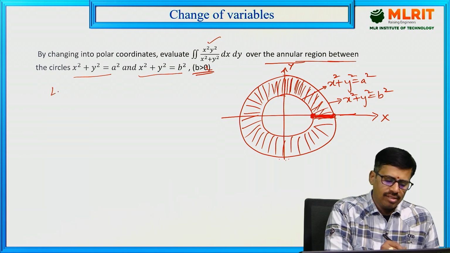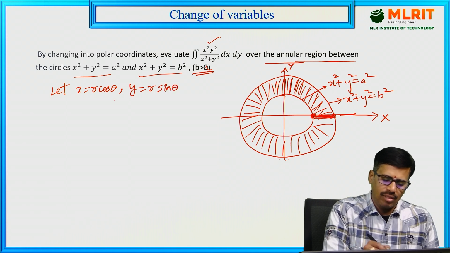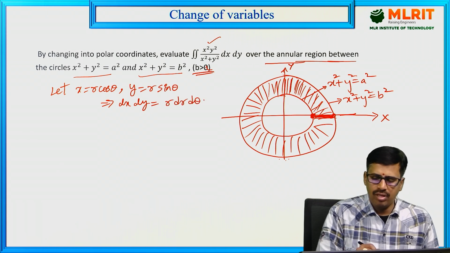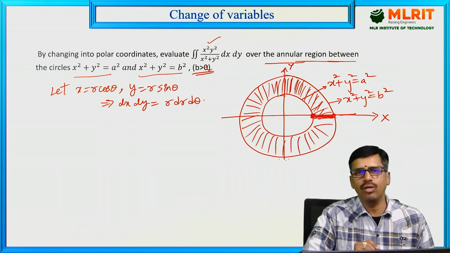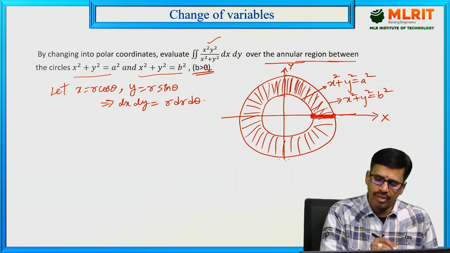So let us write x is equal to r cos theta and y is equal to r sin theta. That implies dx into dy will become r dr d theta. Now to transform this into polar coordinates, we require r and theta limits, right?